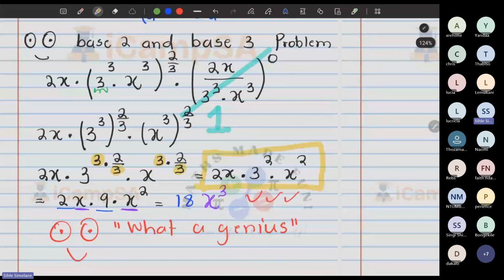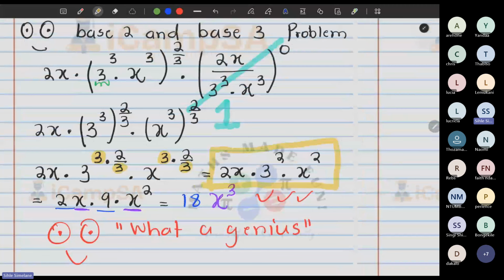So on the left-hand side, do you understand what happened? Yes, sir. Okay. Do you see that the 3's will cancel on the exponent? The 3 will cancel the other one, leaving us with a 2 on top of the 3. And if you look at the x part, the one on the far right, the 3 and the 3 will cancel, leaving us with an x squared.